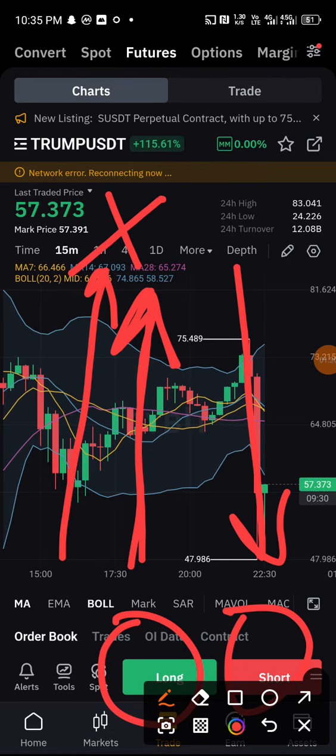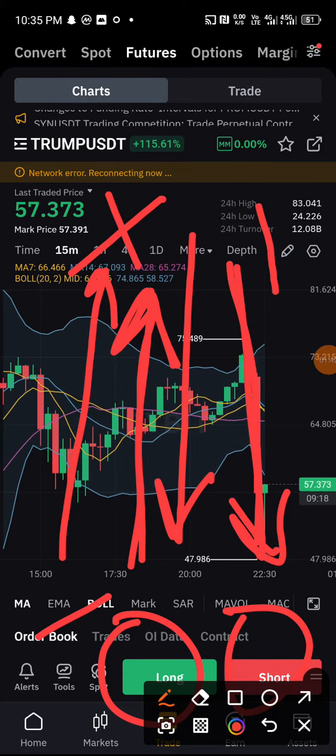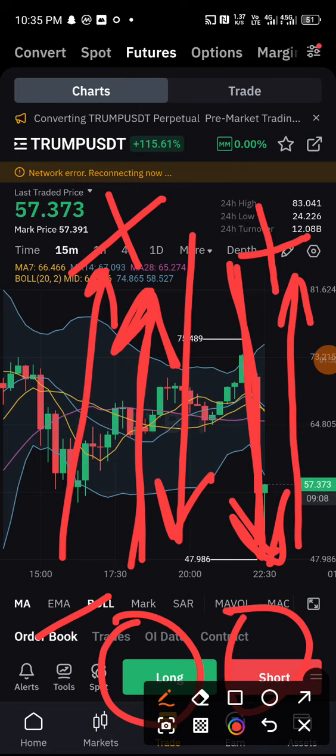But if it moves against your direction, you'll be in negative, that is, you'll be losing money. On the short side, if you predict it to go down and it moves in your direction, you're going to make a lot of profit. But if it goes up instead, you make negative, that is, you're going to lose money.